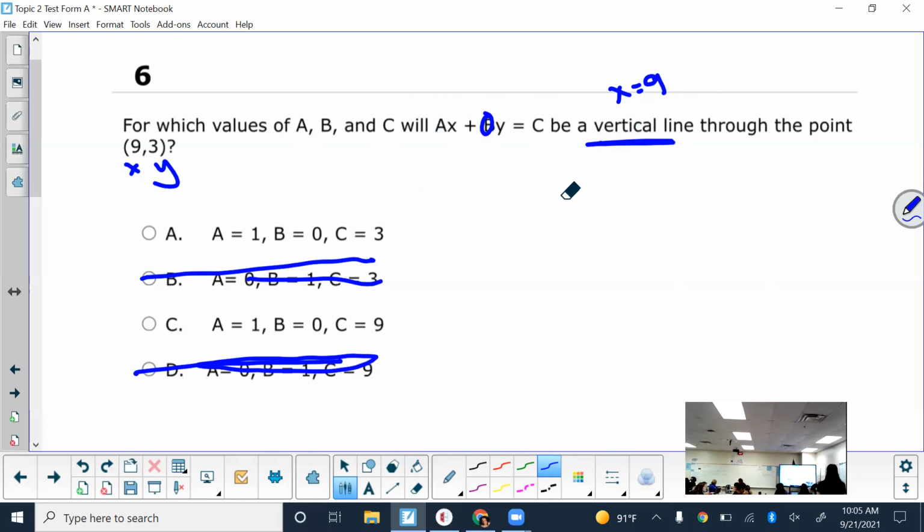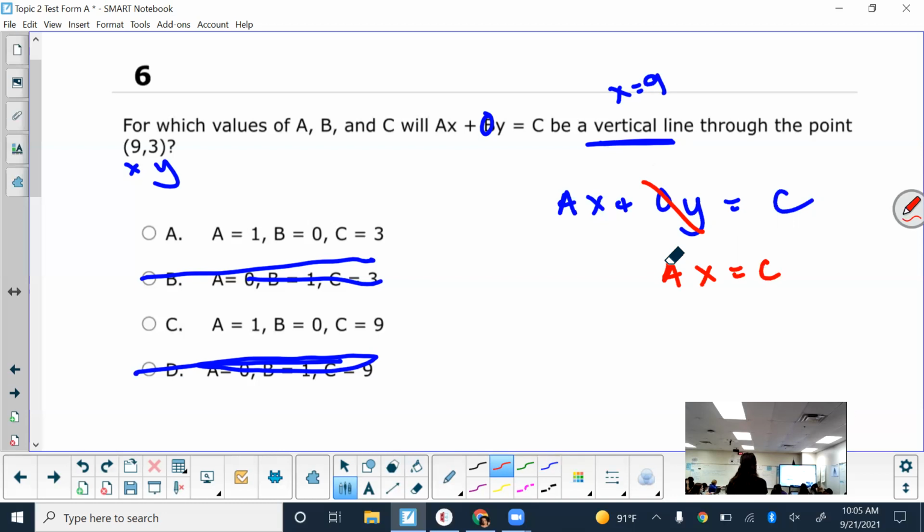So if I have ax plus 0y equal to c, what's 0 times y? Not y. 0 times y is 0. So that's why we end up with something that looks like this, because b had to be 0. Does that make sense?